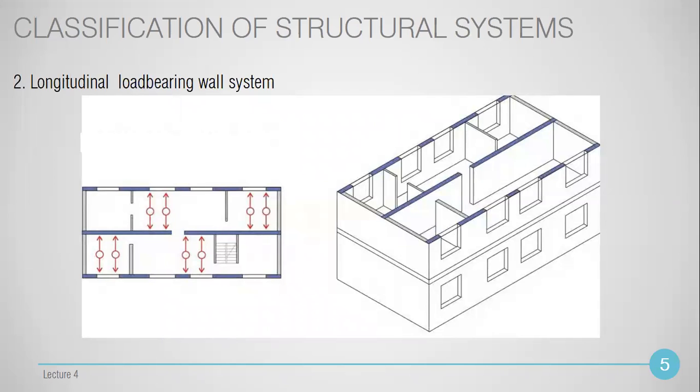Because you see, the length of the wall is 2 times or in some cases 3 times bigger than in the transversal system. In the transversal system, there are short walls with an ordinary step located in the transversal direction. But in this case, we see there are only 3 walls in the same building, but they are longer.